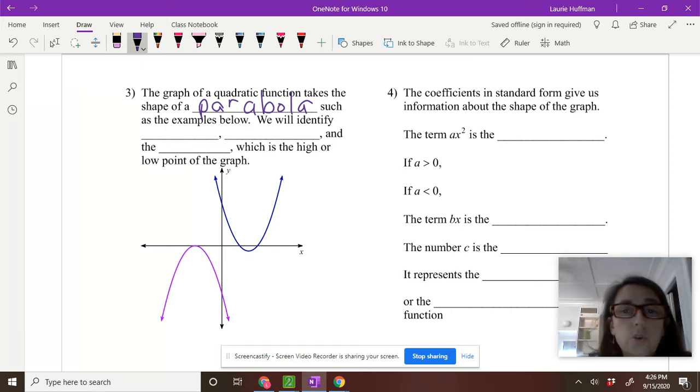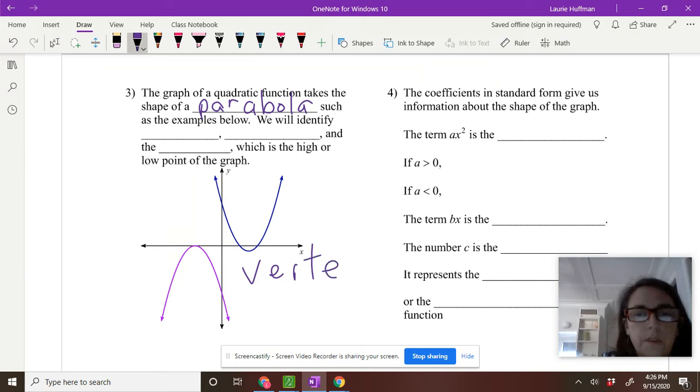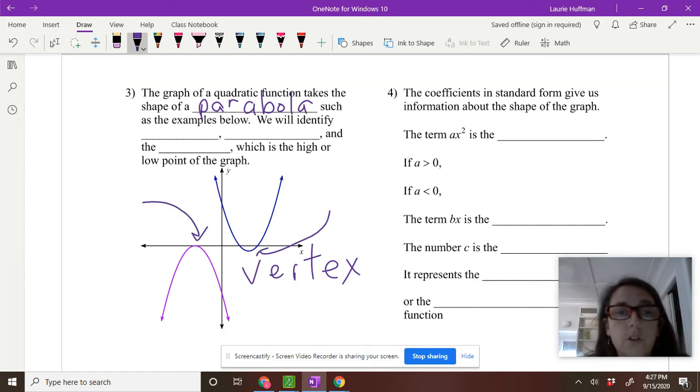It either looks like a U or an upside down U. And we're going to talk about the x-intercepts, the y-intercepts, and then the vertex. The vertex is the high point or the low point. So I have a vertex right here, and then I also have a vertex right there. So the high point or the low point of the graph.